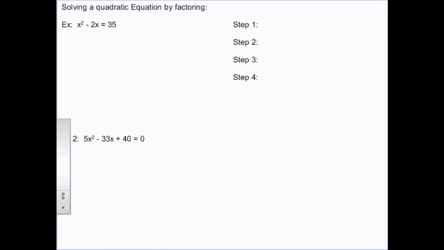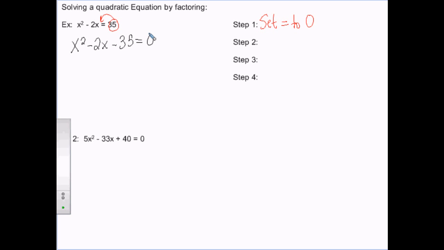Always make sure it's set equal to 0 first. So I need to set this equal to 0. I'm going to take this 35 and move it over here. And this is going to become x squared minus 2x minus 35 equals 0.